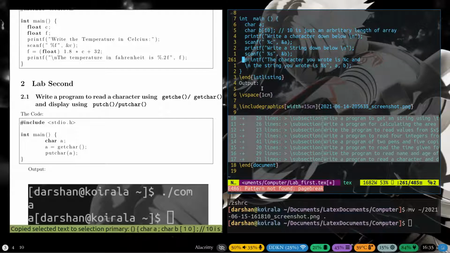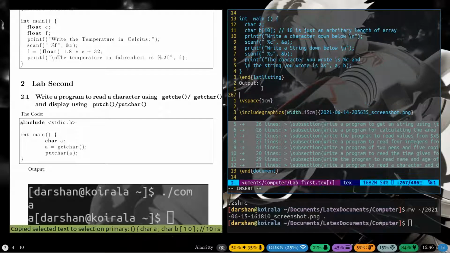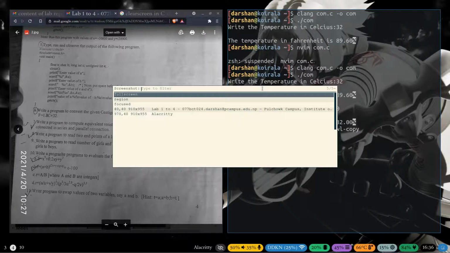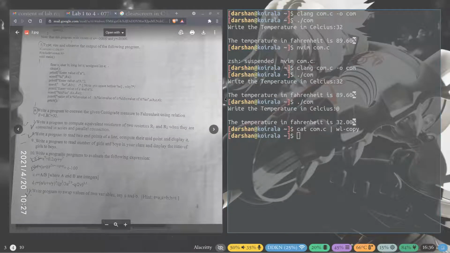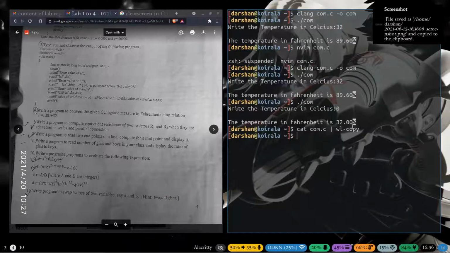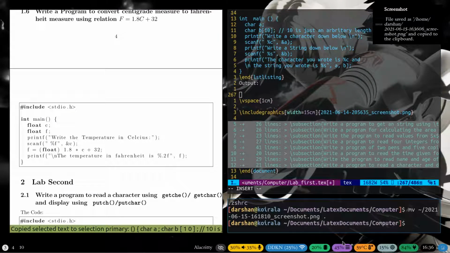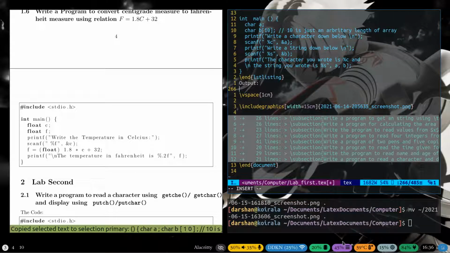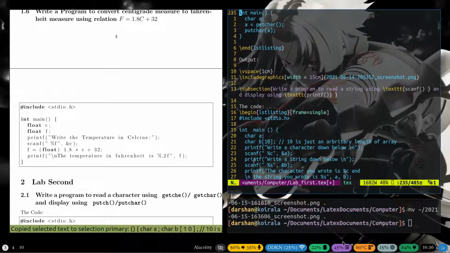All right. So yeah, the output is what I need. Now these spaces there.